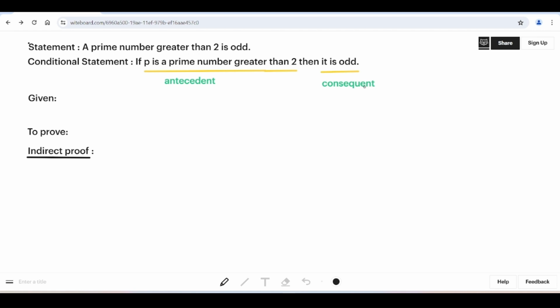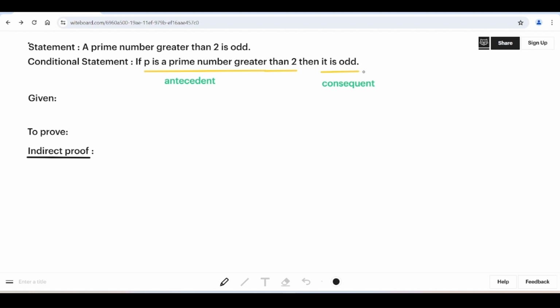Now in indirect proof, what we do is assume that the consequent is false. Our consequent is P is an odd number. Therefore, we will consider P as an even number. Then using that, we accept the property earlier and start arguing step by step and reach one conclusion.